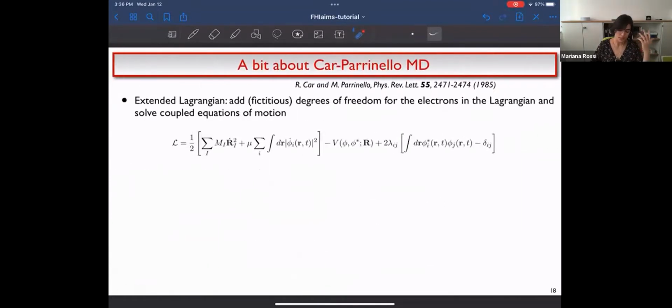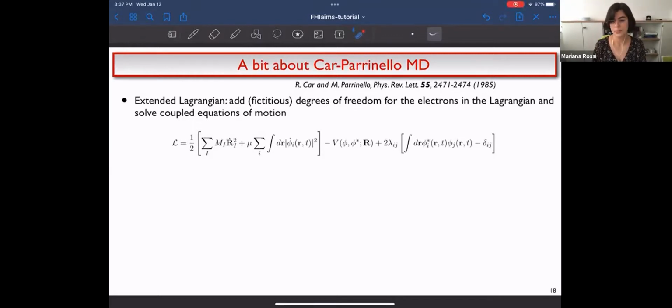And one thing that very early on people realized was, well, wouldn't it be really nice if we didn't have to do all the self-consistent steps, and we could jump all this self-consistent procedure and move everything in time immediately with maybe only one diagonalization of your Constant Hamiltonian? That would save a lot of time. But is it possible to do that in a rigorous way? And Car-Parrinello Molecular Dynamics wants to do exactly that.